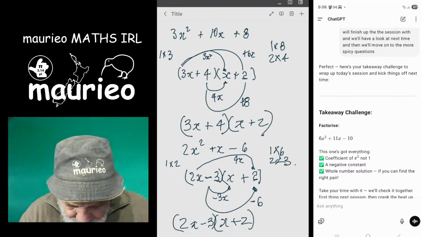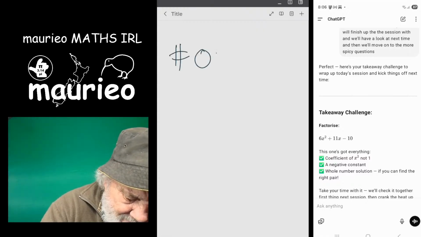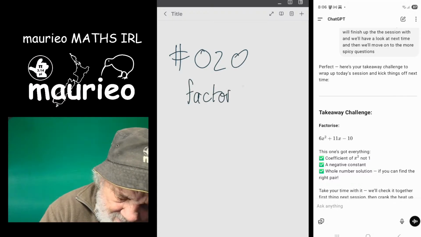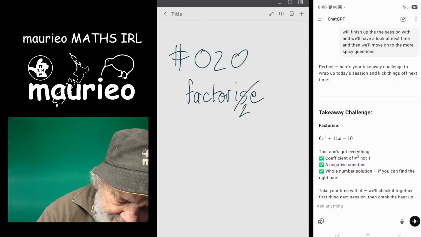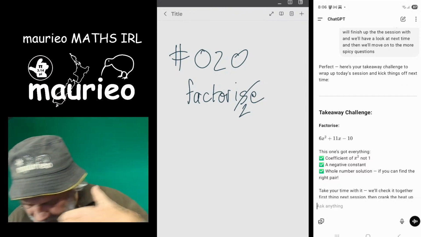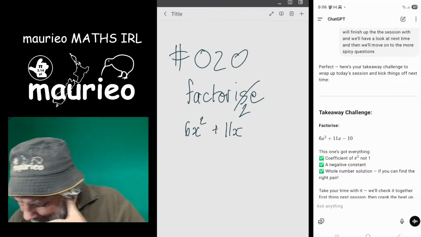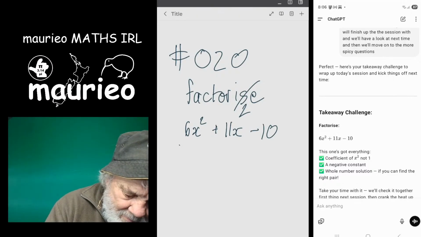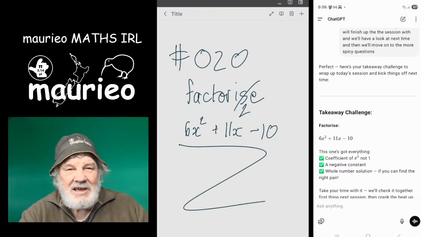Okay, so we'll go number 20. Factorize. Z if you're an American. 6x squared plus 11x minus 10. 6x squared plus 11x minus 10.